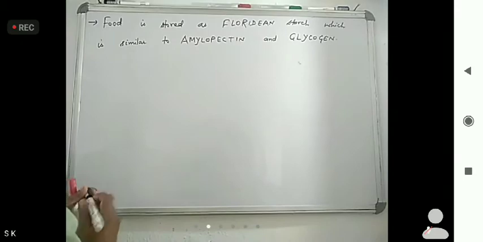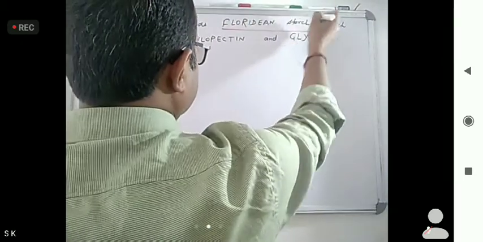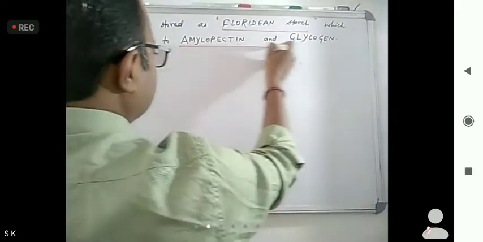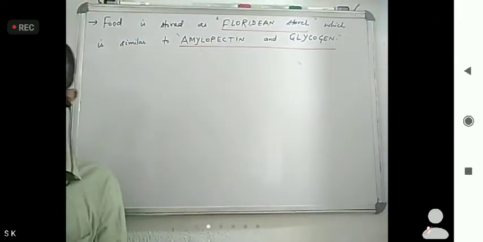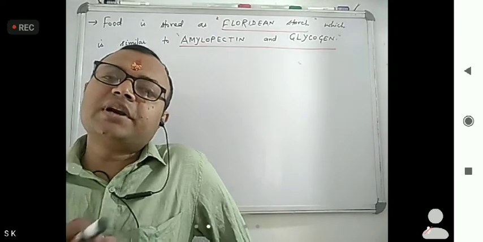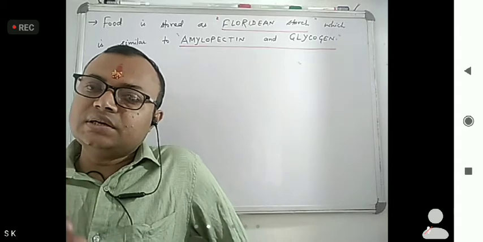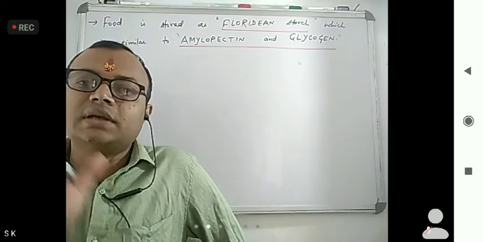Okay. So food is stored as what? Floridian starch. Now this is similar to what? Amylopectin and glycogen. That is complex carbohydrate. Now in some red algae, calcium carbonate is found in their cell wall.